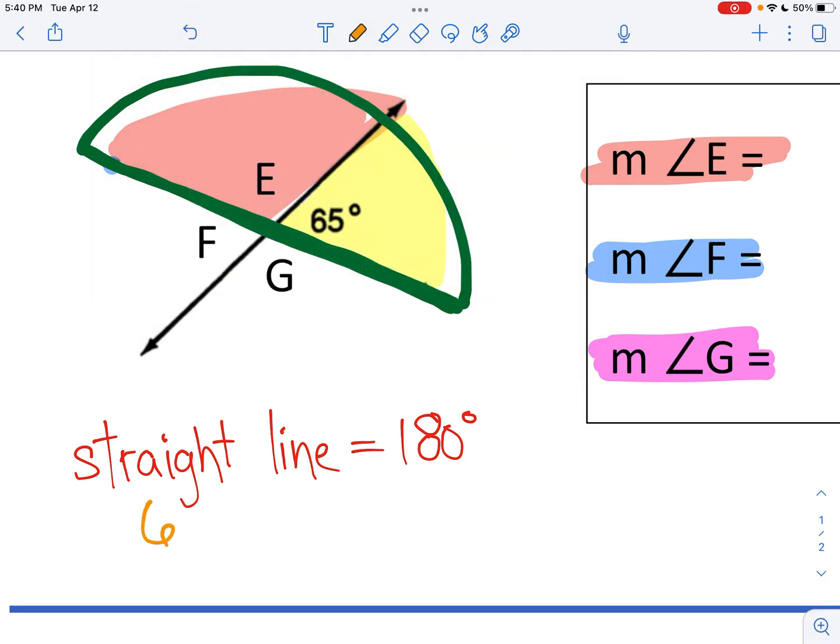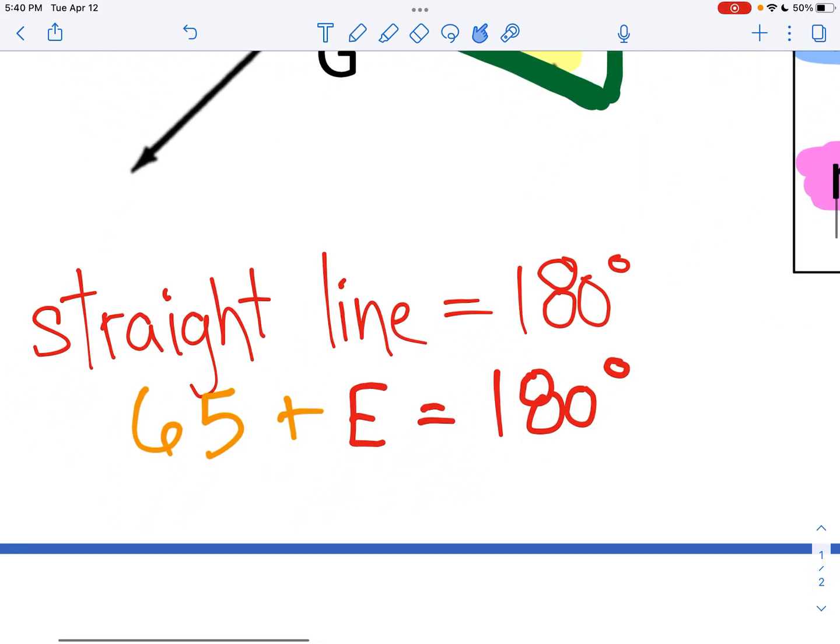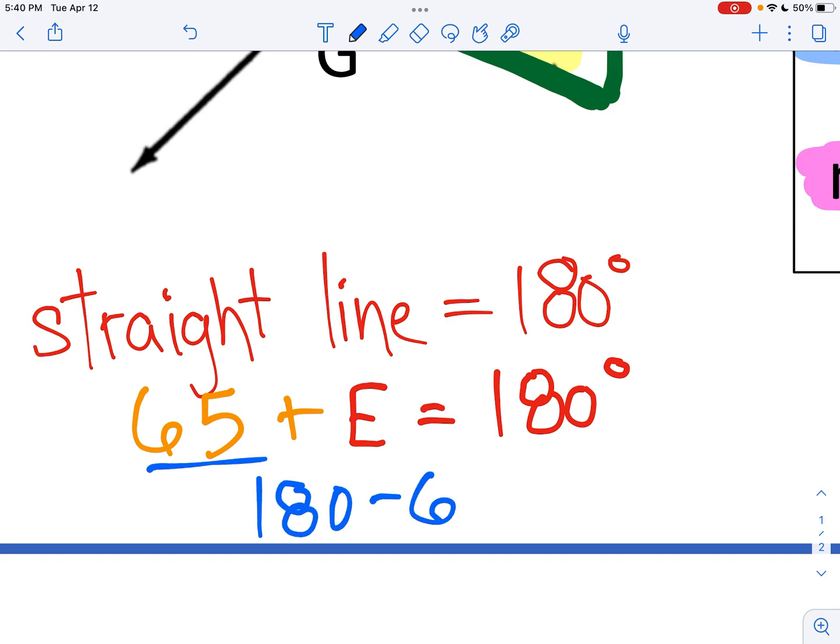I know the yellow is 65 plus the red, which I don't know, I'm going to call it E, equals 180 degrees. If I don't know what to add to 65 to make 180, I'm going to flip it around to a subtraction problem. So I'm going to start with 180, and subtract the 65 that I know. When I do that in a calculator, I get 115 degrees.